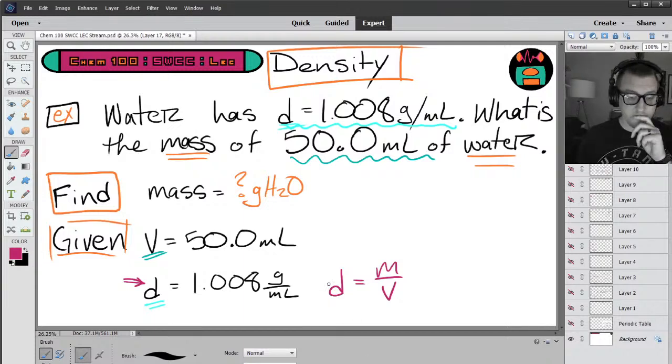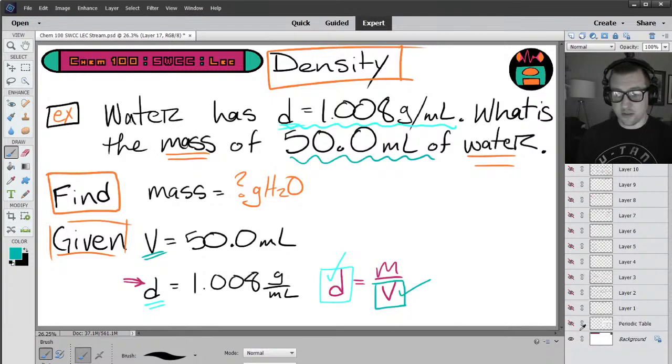Now check this out. If you look at this equation, we've been given density, and we've also been given volume. So what does this algebraic expression allow us to find?